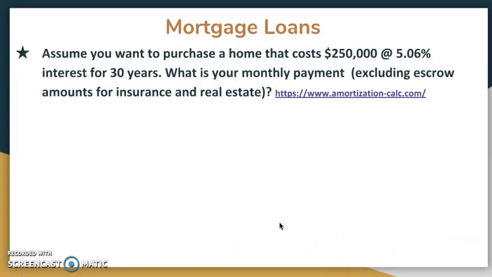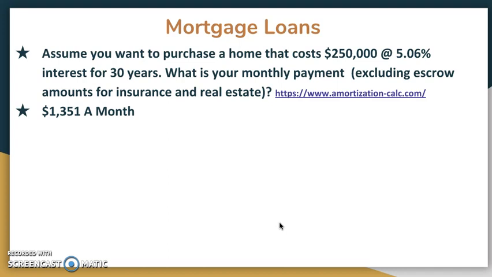Assume you want to purchase a home that costs $250,000 at 5.06% for 30 years. What is your monthly payment? So again, I went to the website, and it will be $1,351 a month.